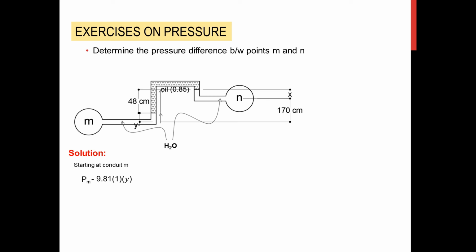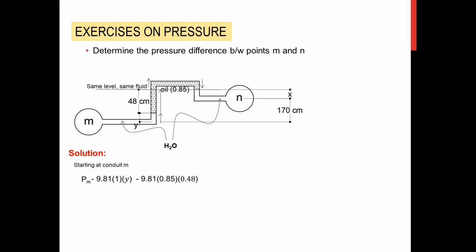We further go up. Now this time the involved liquid is oil of S 0.85. We consider that S in the equation as well as the height in terms of meters. We are now on this level. Again, we apply same level, same fluid.